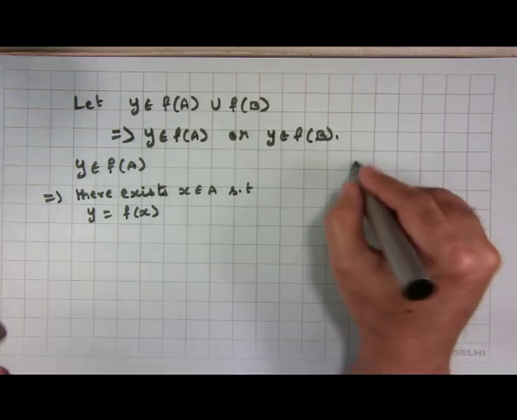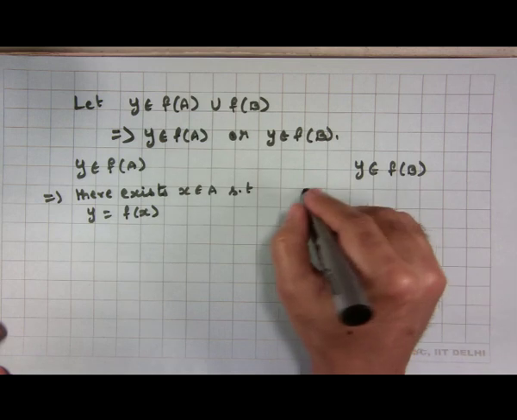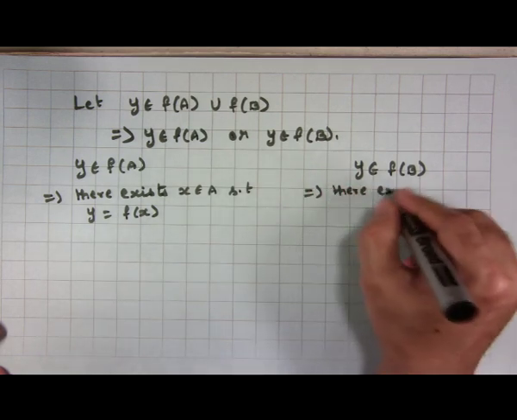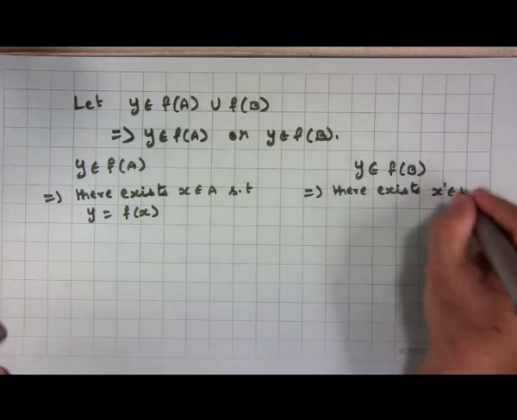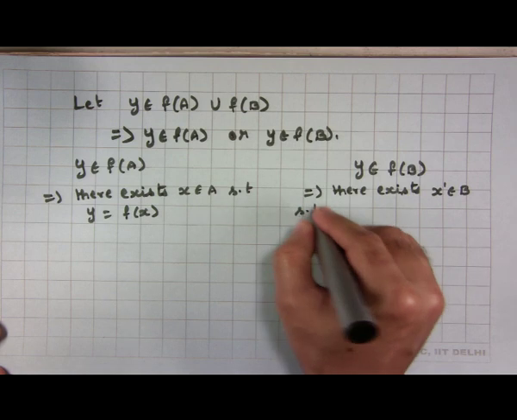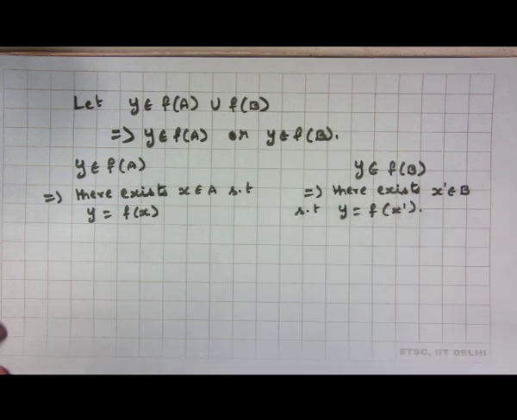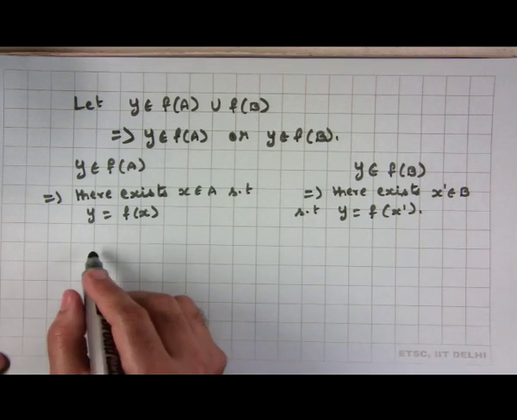On the other hand, y belongs to f B implies there exists x dash in B such that y is of the form f of x dash.